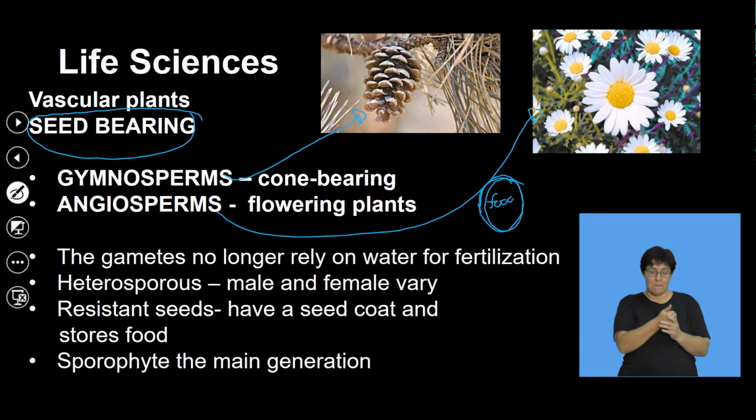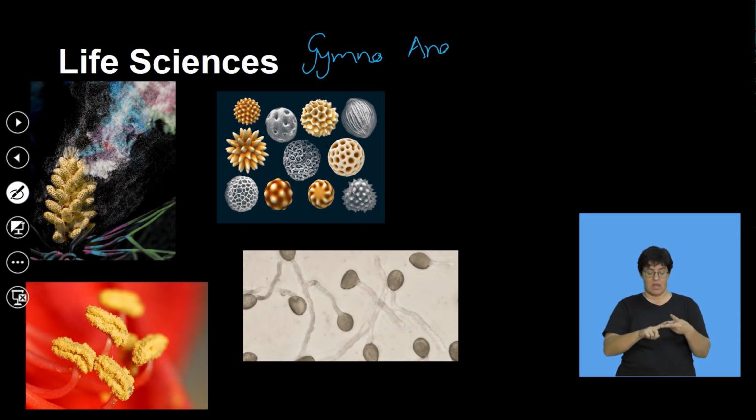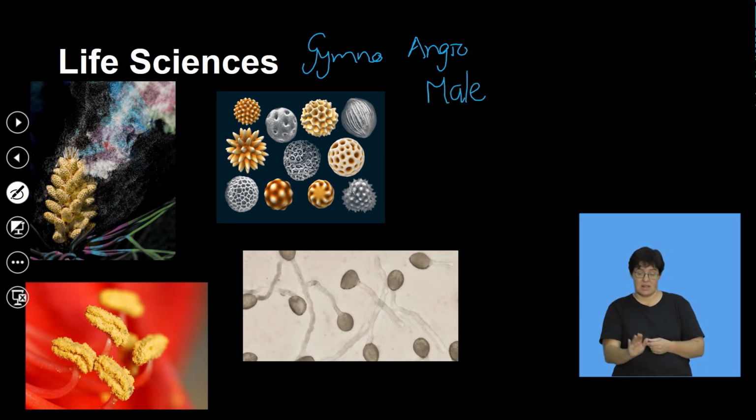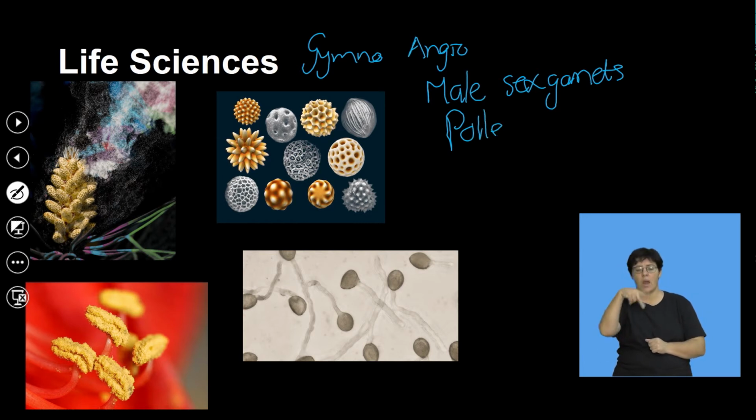So let's have a look. What do I mean by that? Okay, I want you to have a look at this. When I talk about the Gymnosperms and the Angiosperms, right, they are going to have a male sex cell, a gamete. And you guys know the term as pollen. So I want you to have a look over here.